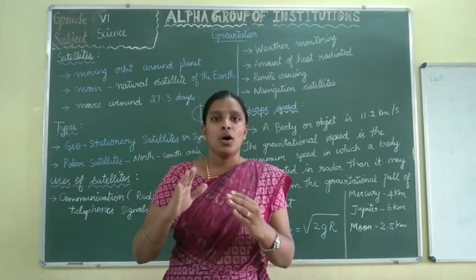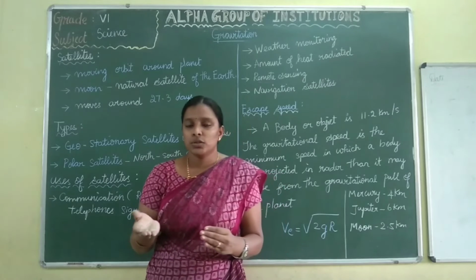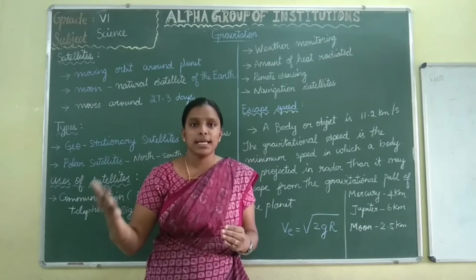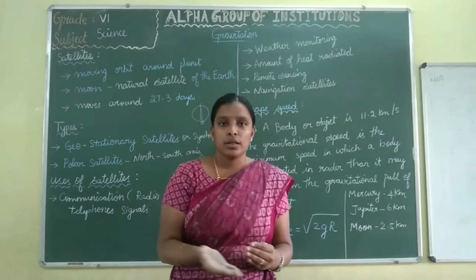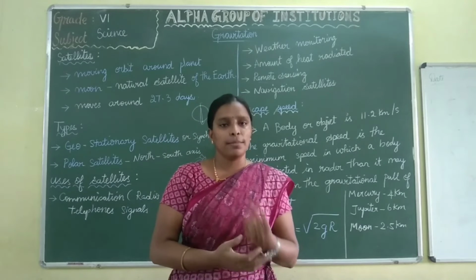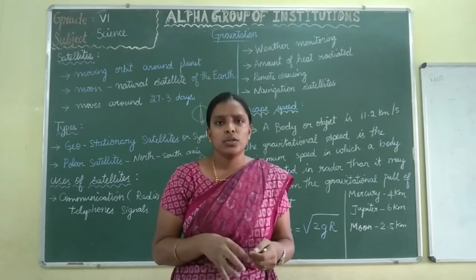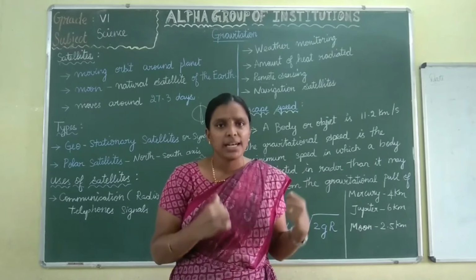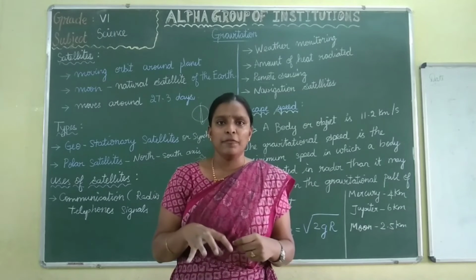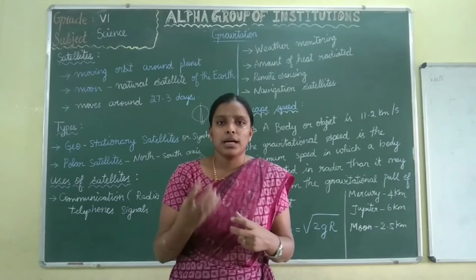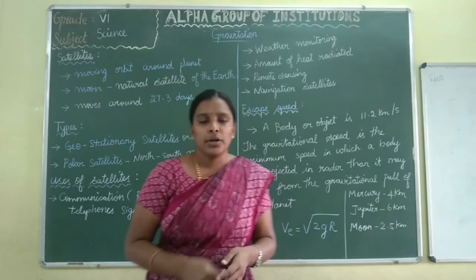You should be alert, or they will announce it in the news: this time you should not go to the sea, it is very dangerous, a cyclone or something is going to happen. How do they know? Because of the satellite, they came to know all the information. They record and collect it, and then inform us.